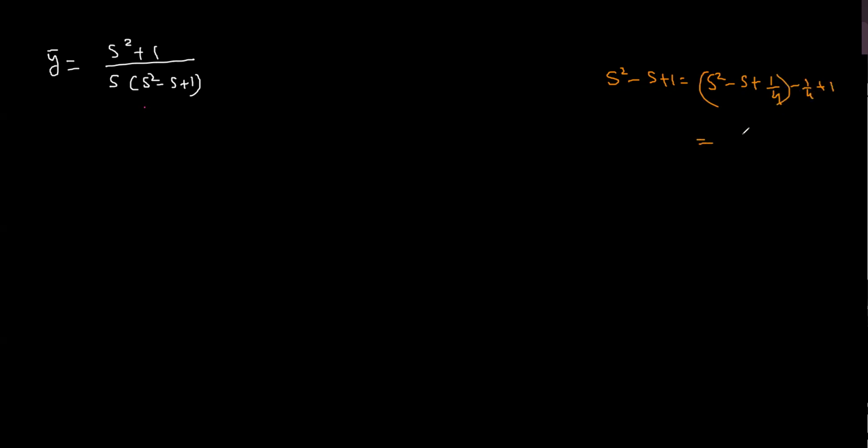It becomes what? Factor 3 by 4. Right. s minus half whole square plus 3 by 4. Right?